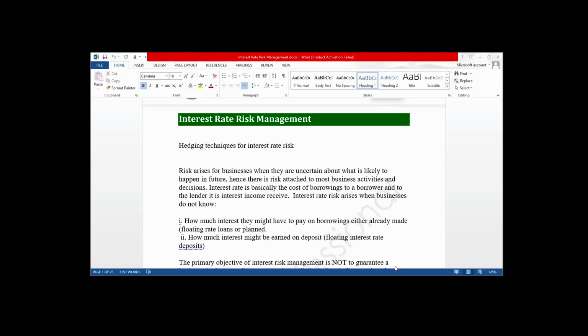When you say manage uncertainty associated with the interest rate payable or the interest rate receivable, you are trying to manage the risk.